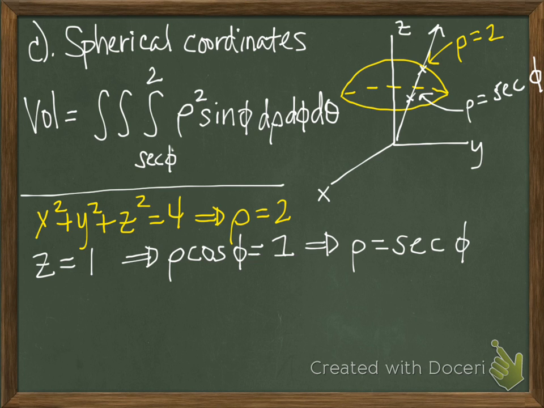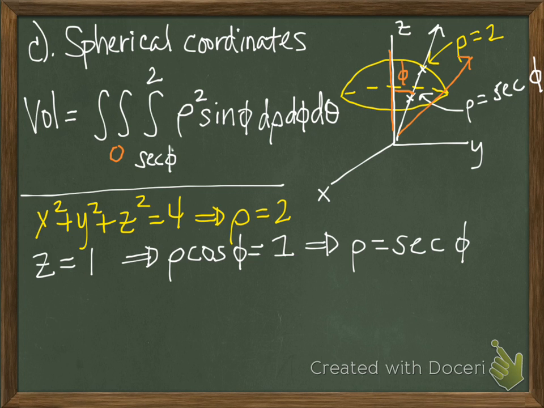Okay, now phi is this angle in here from the positive z-axis. So when phi is 0, we're going to be pointing right along the z-axis. This is where phi is 0. So we can see that we start with this region. We start when phi is 0. And then the largest phi is going to happen right out here. That's going to be the largest phi angle in this region.